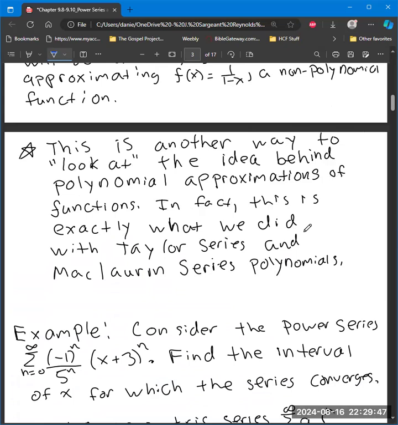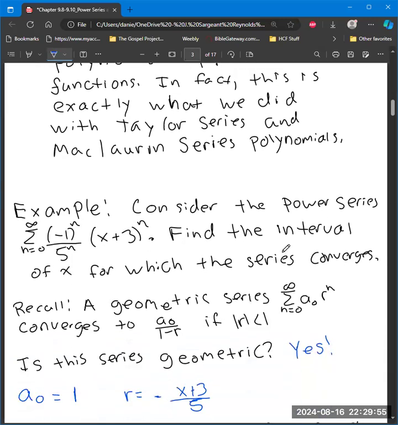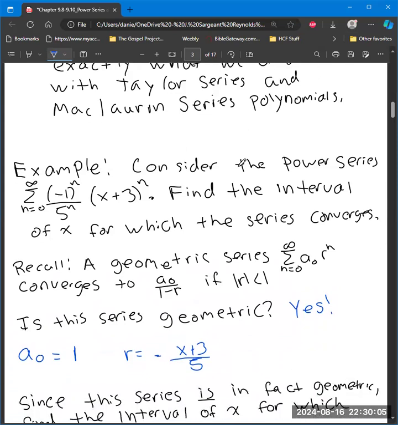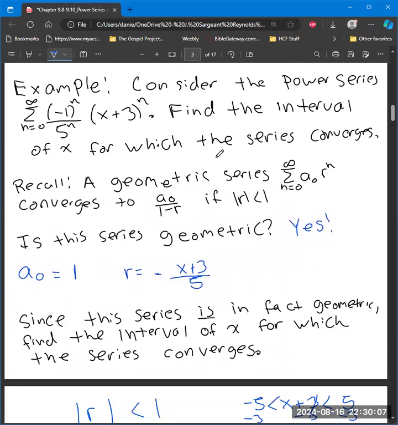In fact, this is exactly what we did with Taylor series and Maclaurin series polynomials. Again, we were just tracing a little part of that curve for just a few derivatives. Now we want to consider when there's infinitely many derivatives and we want to trace the entire curve with one of these functions. That is where we're getting to.